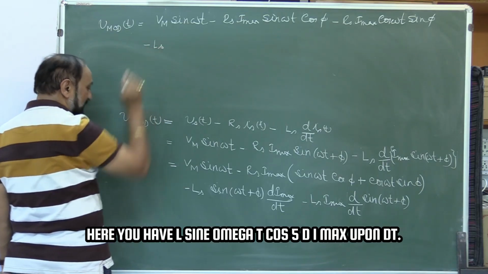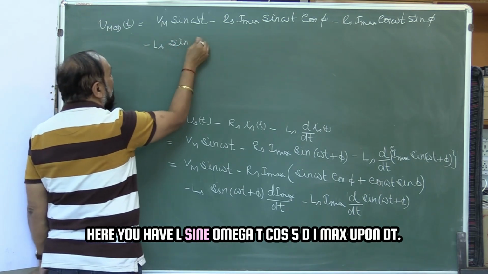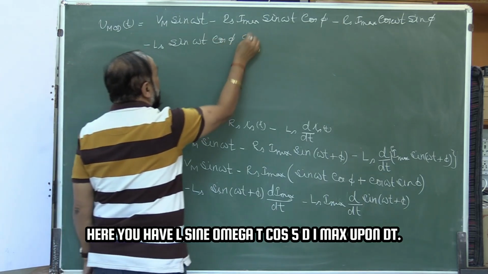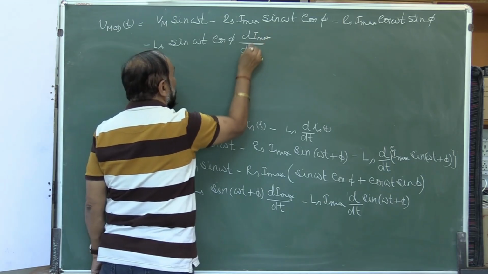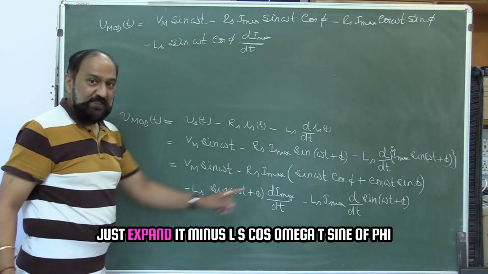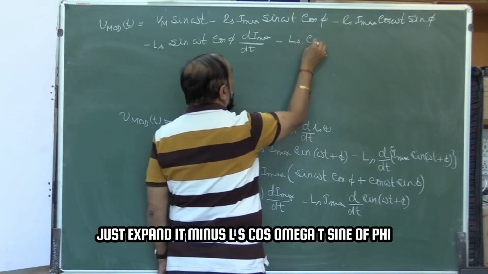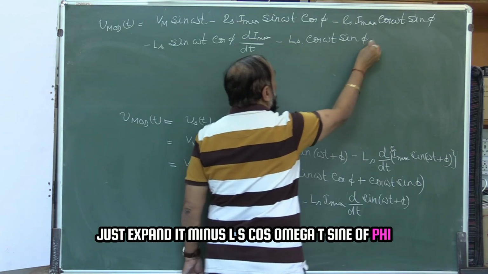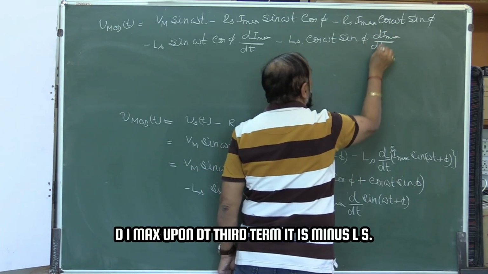Here you have Ls sine omega t cos phi di max upon dt. Just expand it. Minus Ls cos omega t sine of phi di max upon dt.